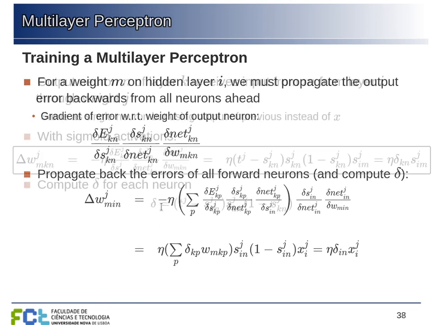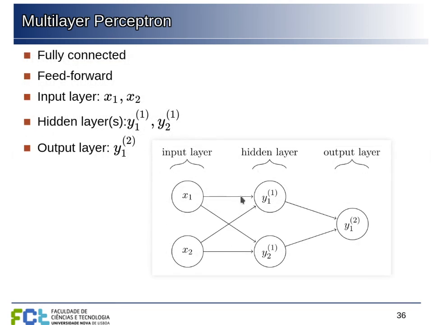So suppose that we are trying to find how to adjust these weights, these parameters of this neuron here. We need to consider the error function between the output of the output neuron and the target value. And then we need to consider the derivative of the activation here, the derivative of this weighted sum, and then the derivative of the activation of this neuron and the derivative of the weighted sum, and so on, until we reach the desired weights.